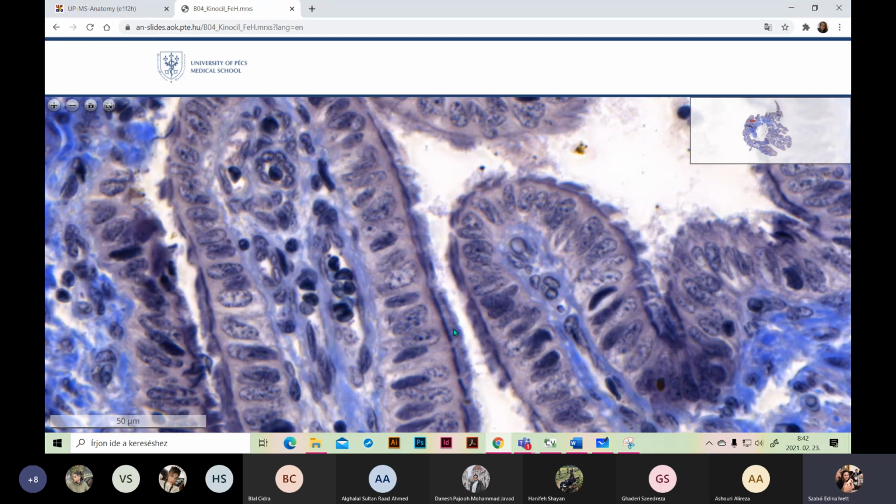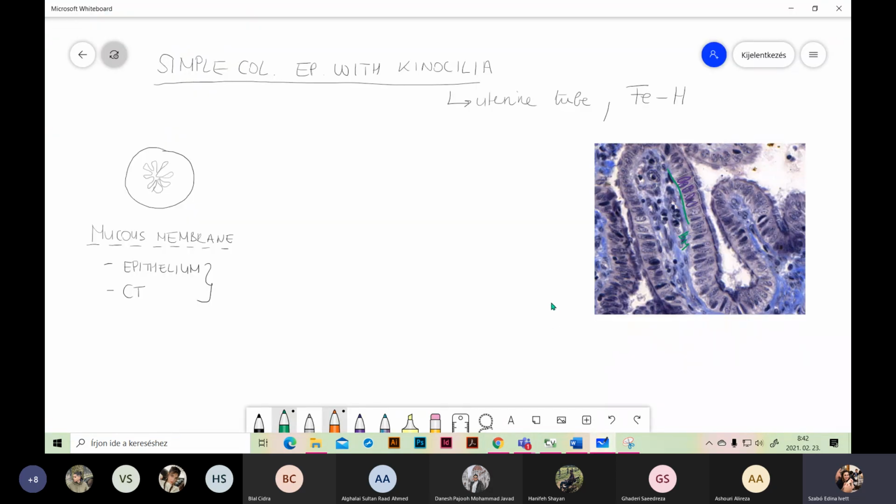And what will help you, this line, it's responsible for the fixation of kinocilia. How do you call this line here? What is visible very well here under the kinocilia? This is the line of basal bodies here.